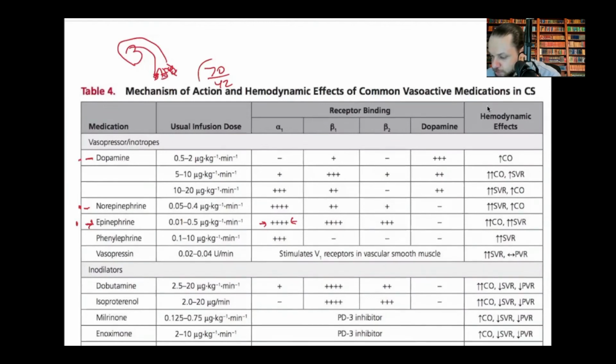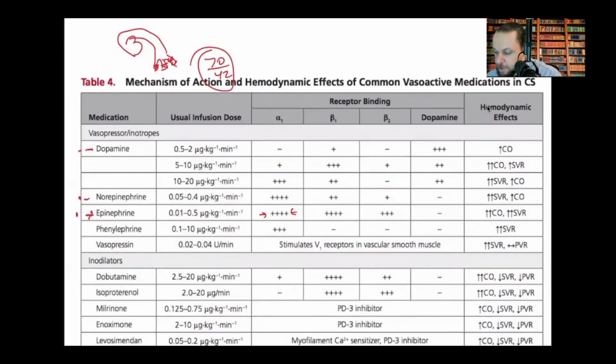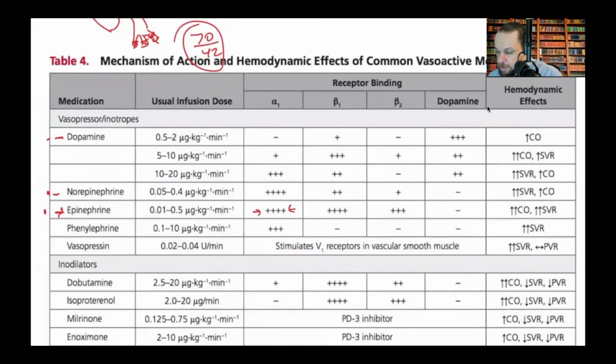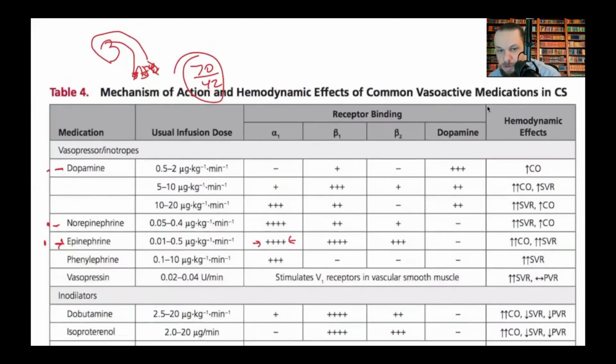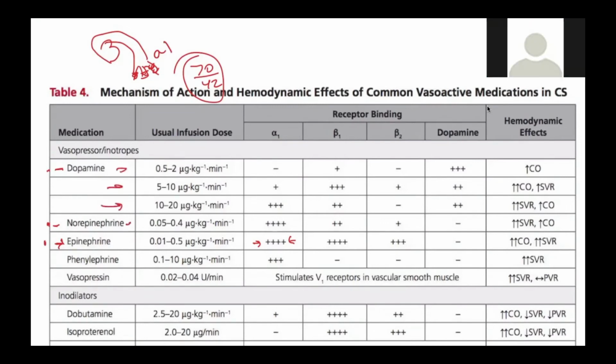BP 70/40, he's definitely in cardiogenic shock, but the heart just suffered a massive heart attack, so it's not squeezing as hard and has increased myocardial oxygen demand. If you wanted to increase vasoconstriction, and we said vasoconstriction was an alpha-1 response, which medication would you want to give? I have dopamine, I have norepi, I have epi.